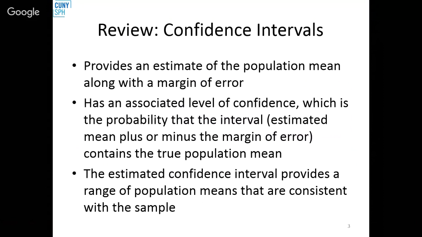If we draw a 95% confidence interval around each one of those means, then 95% of those intervals will contain the true mean. In other words, the interval provides a range of population means that are consistent with what you observe in your sample.